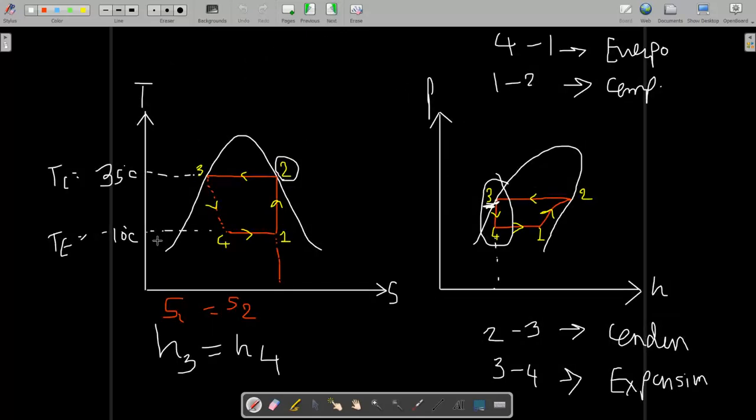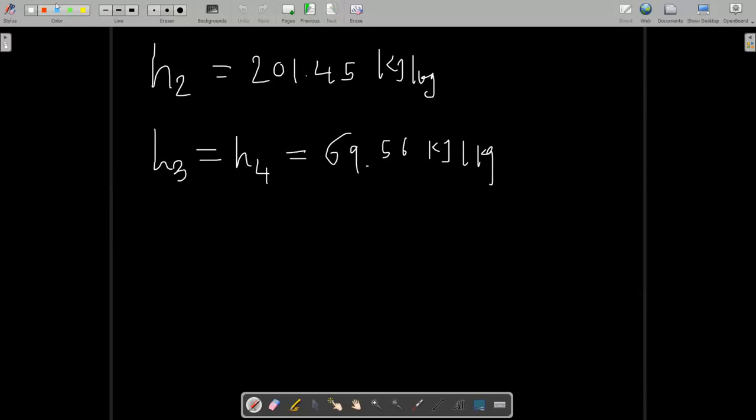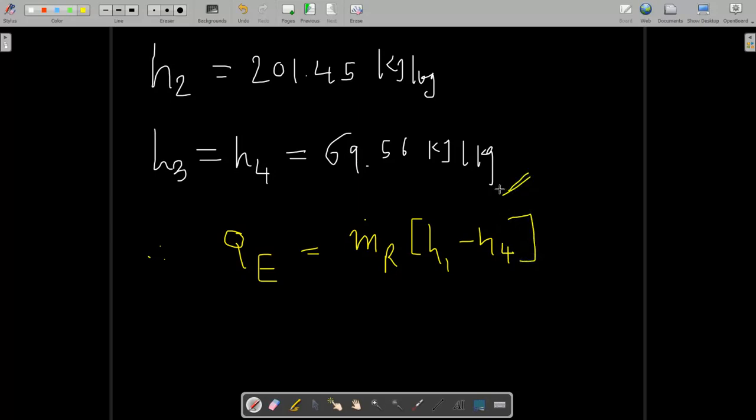Now 4 to 1 is an evaporation process. So the amount of heat added in the evaporator is equal to mass flow of refrigerant times enthalpy difference, H1 minus H4. Till now, is it clear? Because till now we have found the condition at point 1 and enthalpy at all the points.